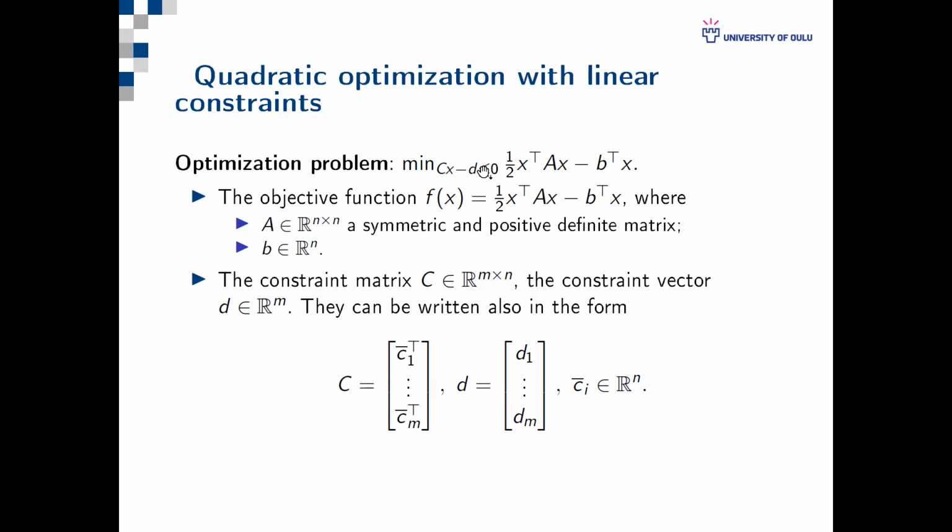For our constraint, we have a constraint matrix with m rows and n columns. So it's a linear set of constraints. So it is a convex set because it is an intersection of half spaces.